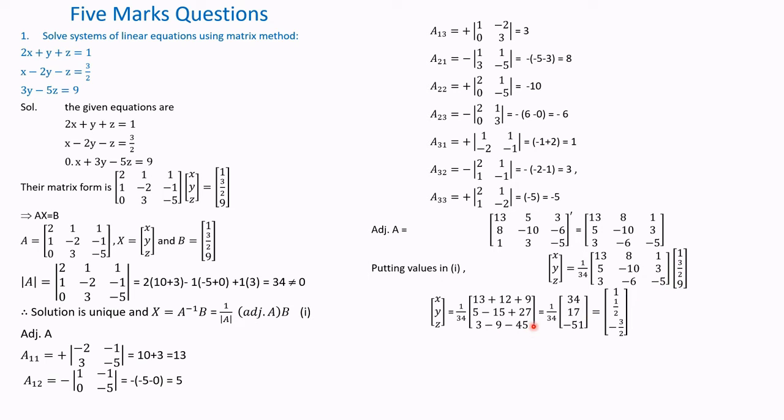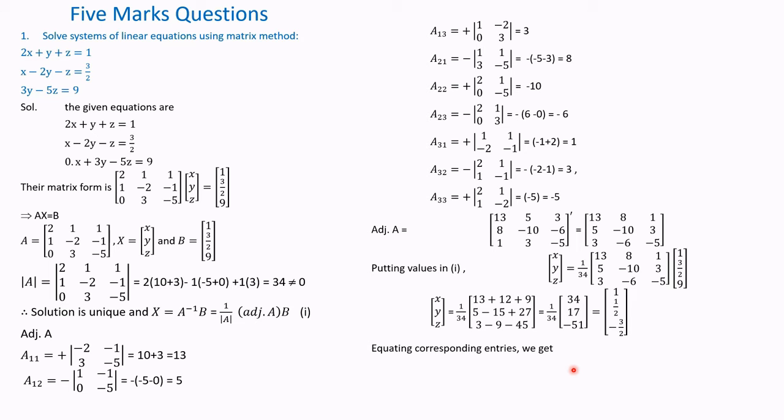So if we simplify further, we get 1 by 34 into 34, 17 and minus 51. That is 34 by 34, the 34 gets cancelled and we get 1. Then 17 by 34 is 1 by 2, and minus 51 by 34 is minus 3 by 2.